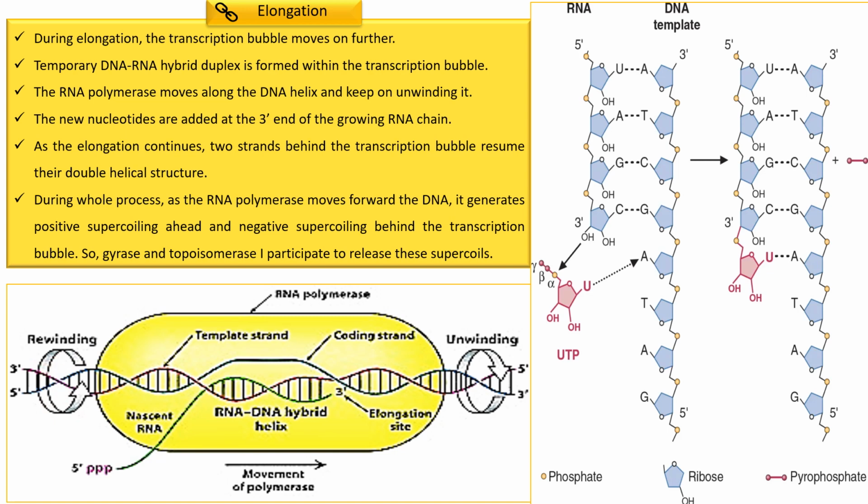So, to complete this elongation process successfully, we need some mechanism. Here the gyrase and topoisomerase 1 enzymes participate. Gyrase enzyme removes positive supercoiling by introducing negative supercoiling, whereas the topoisomerase 1 introduces positive supercoiling and releases the tension of negative supercoilings. So this was the elongation process.